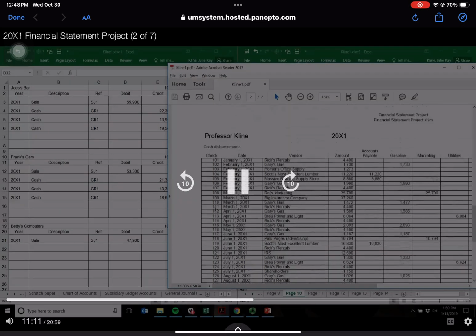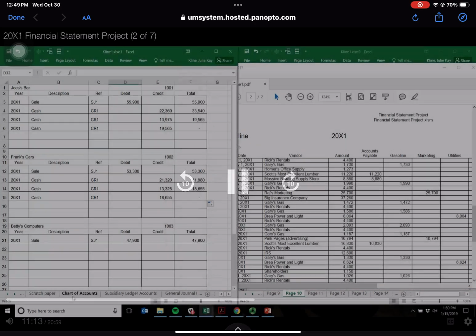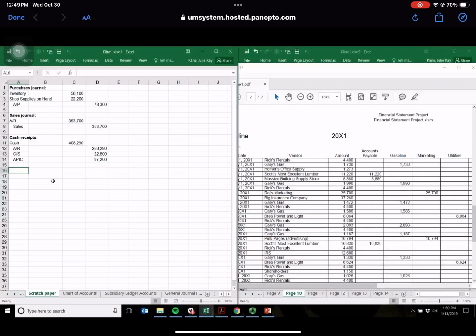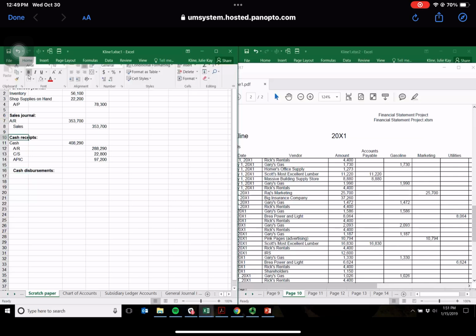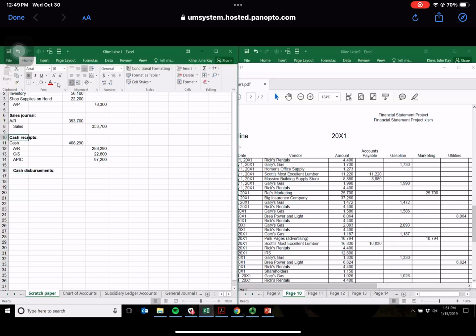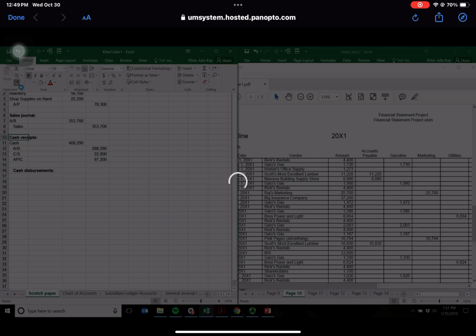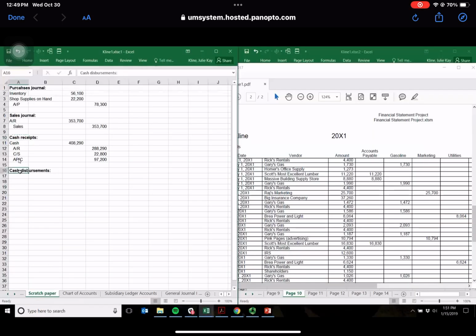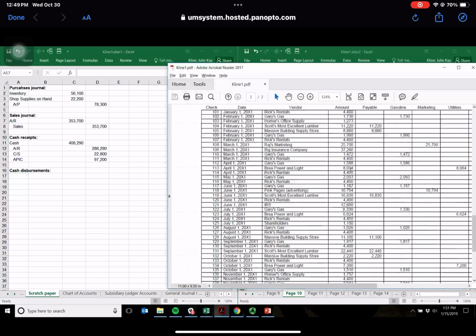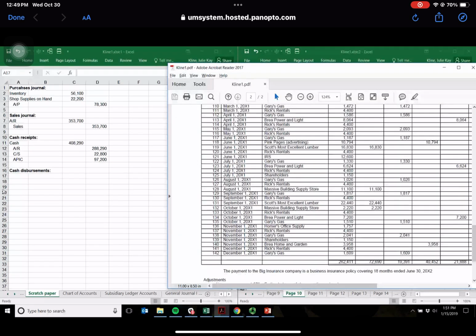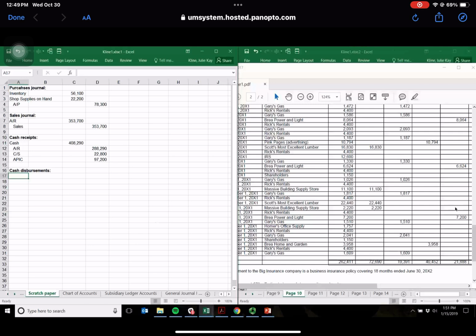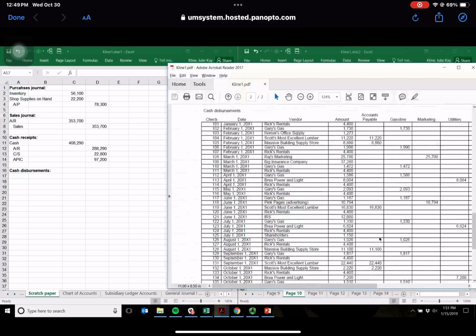of your project. We have our cash disbursements journal. I'm going to pull up this scratch paper again to show you what's going on in cash disbursements. Cash disbursements means we are paying cash. So our credit in this amount all the way down here, this is our credit cash. So what's our debits? Well, our debits are going to be up here.